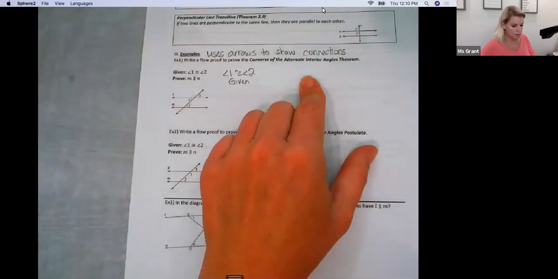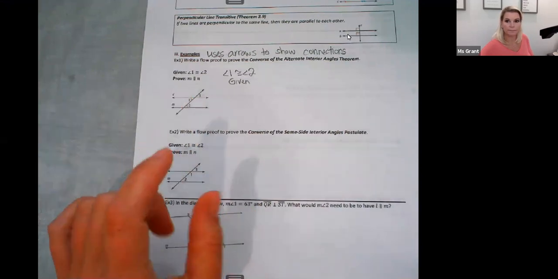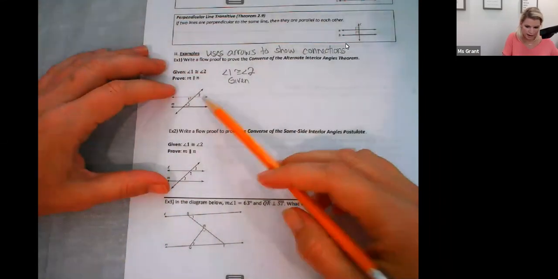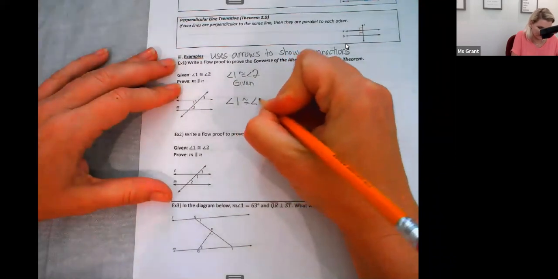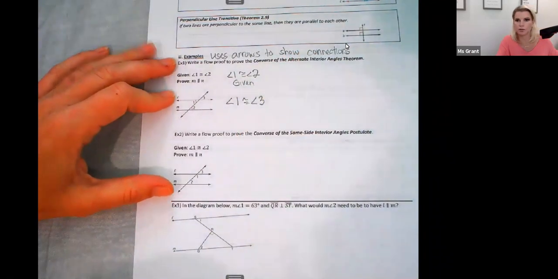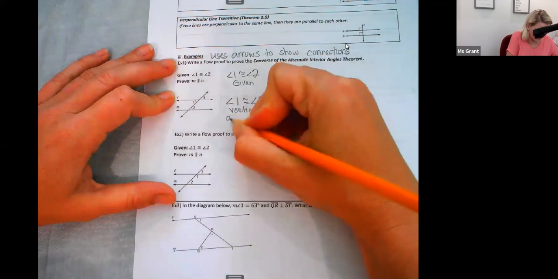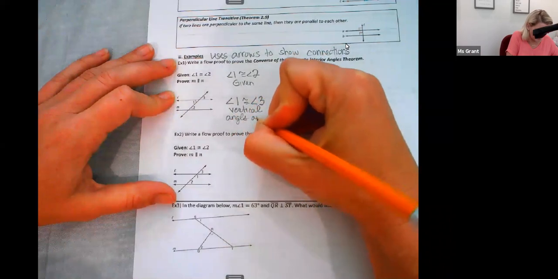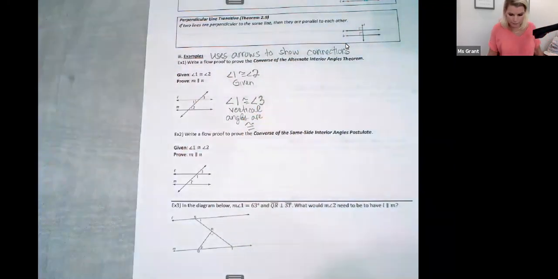So what I'm going to do is talk about right now 1 and 3. If I want to talk about 1 and 3, then another reason that I could give, if I were doing a 2-column proof, would be angle 1 is congruent to angle 3, and I would say vertical angles are congruent.